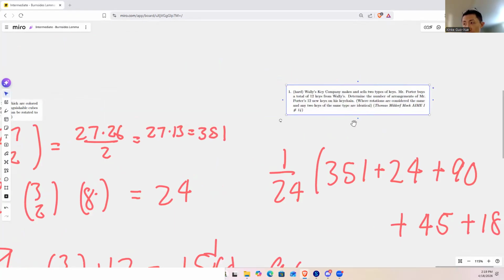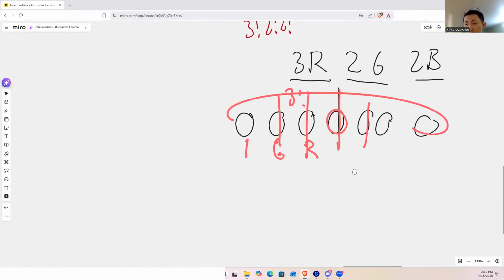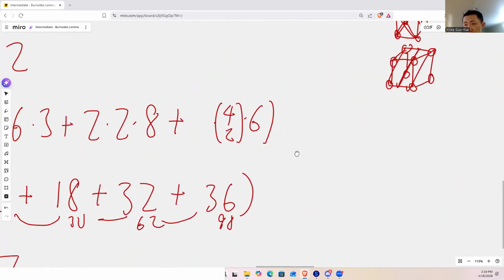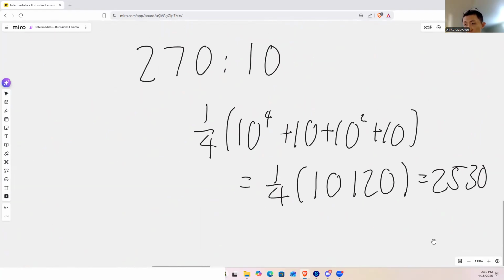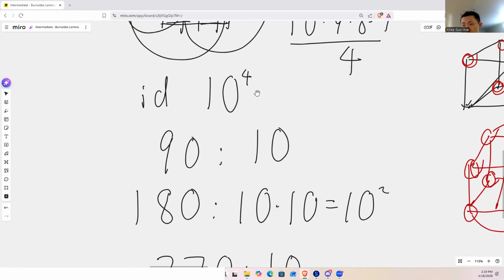Okay. So let's try one of these problems with casework, like this cube or this grid of squares one. So there's a few cases, right?